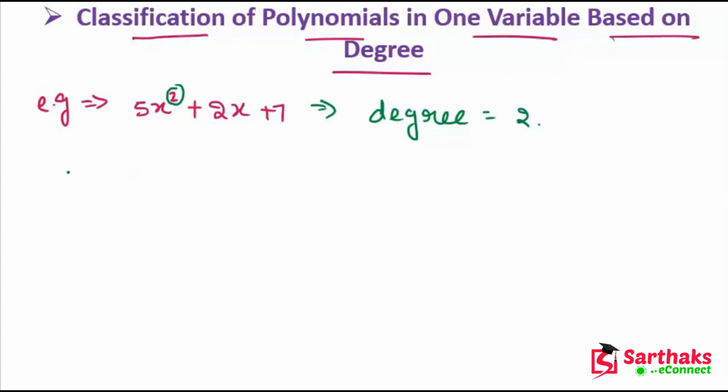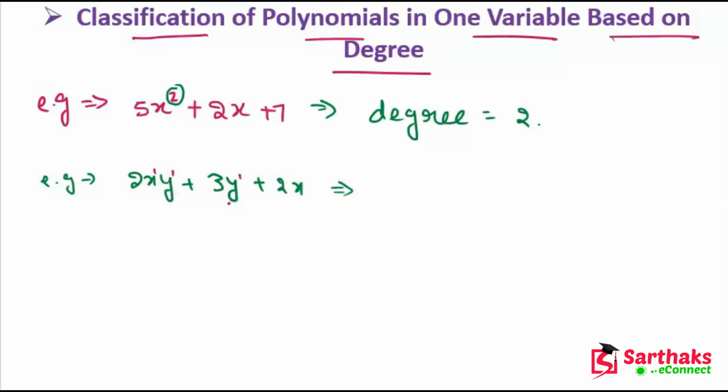Let's suppose, for example, we have 2xy plus 3y plus 2x. This is a polynomial in two variables. Here are two variables, x and y. So now, my dear friends, what is the degree of this polynomial? In the term 2xy, x has power 1 and y has power 1.